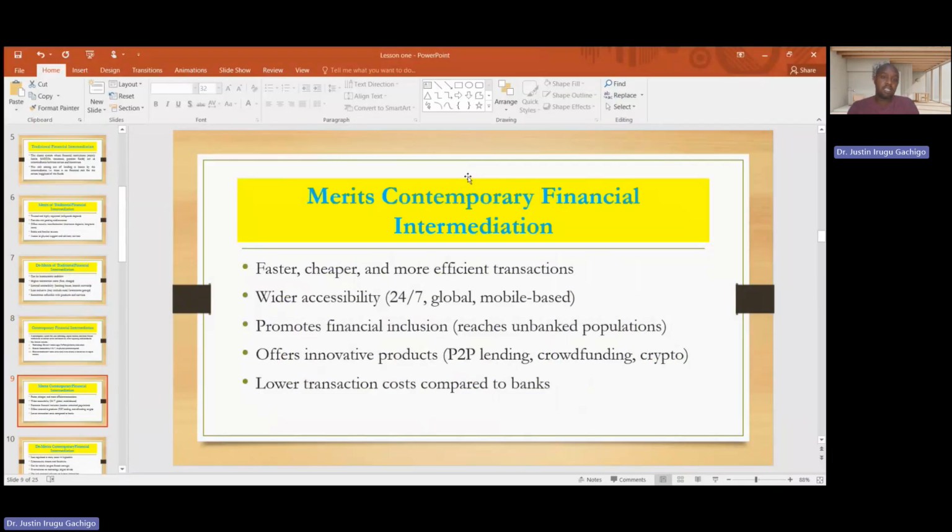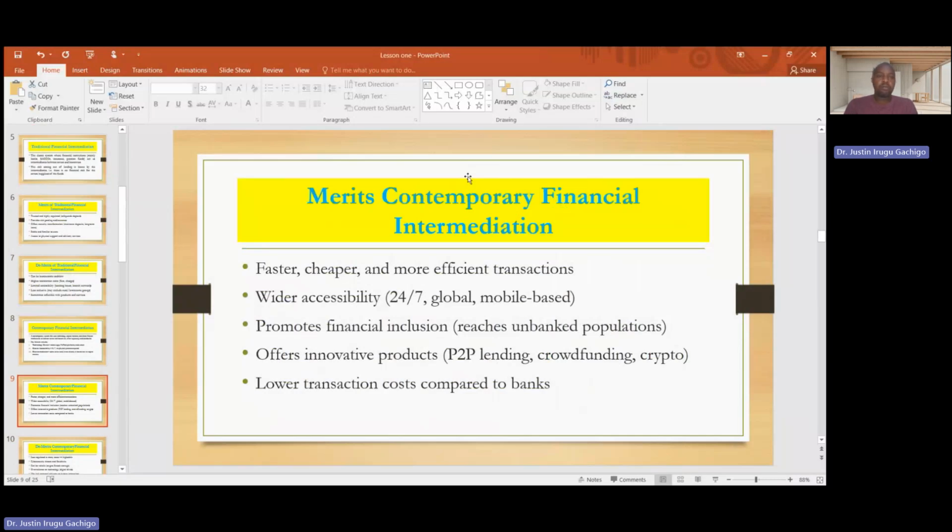They are instant, like Fuliza, Tala, etc. You can take a loan immediately. Wider accessibility: you can access your bank 24/7. Wherever you are, whatever the time, you can dial the short code which is normally provided and access your bank and your money.